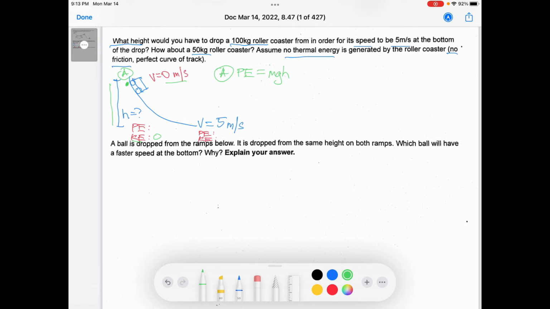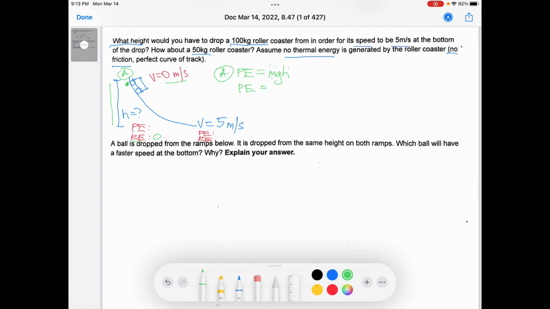So it's mass times 9.8 times height. So the potential energy at point A is the mass of the roller coaster.